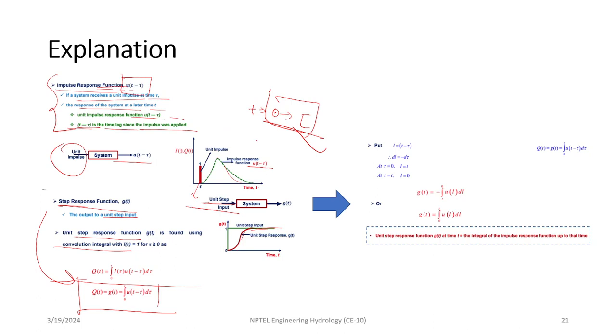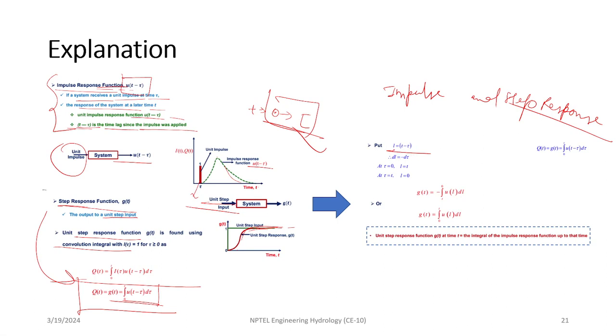So the difference is that we are just taking a cumulative value of this. To add this cumulation, the integral has been placed here. Now, about the relation between the impulse and the step response function, there is one assumption taken here.